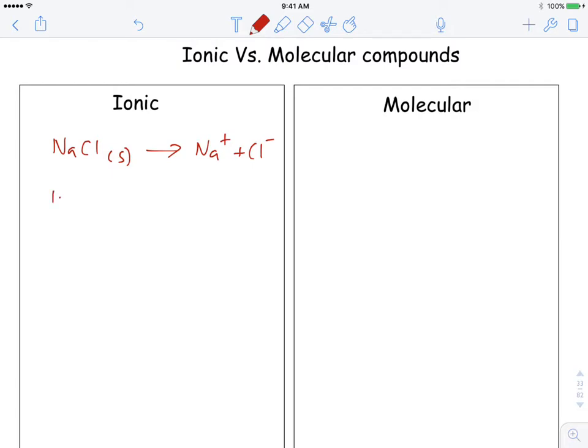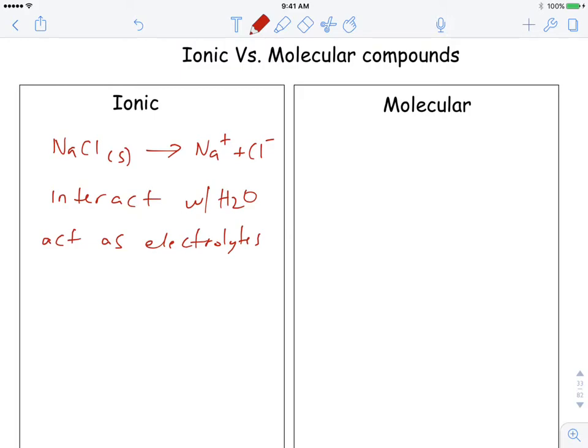They're going to interact with the water, and we're going to show this on the previous page. And when they do this, these free ions, they're going to act as electrolytes. So you really need an ionic compound in order to do this. If you don't have an ionic compound, then you're not guaranteed that you're going to be an electrolyte.